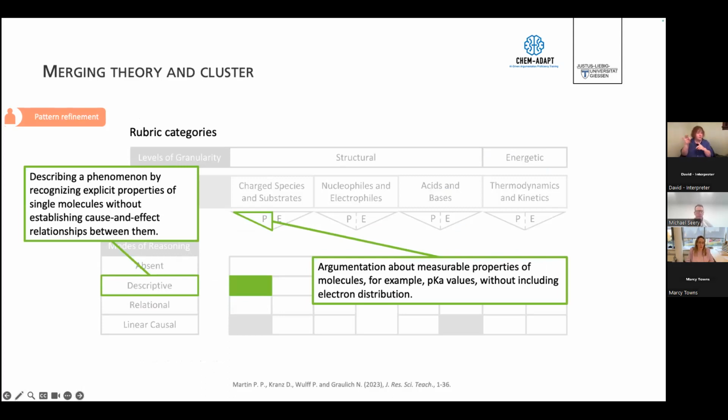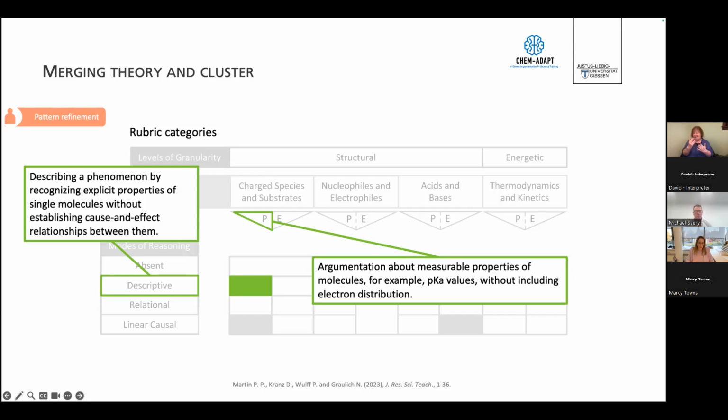So an argument that a student would give in that category talks about measurable properties, for example uses pKa values, but does not talk much about electron distribution. And descriptive means that the argument refers to explicit properties of molecules, but does not establish a cause and effect relationship. So it's a rather basic argument.